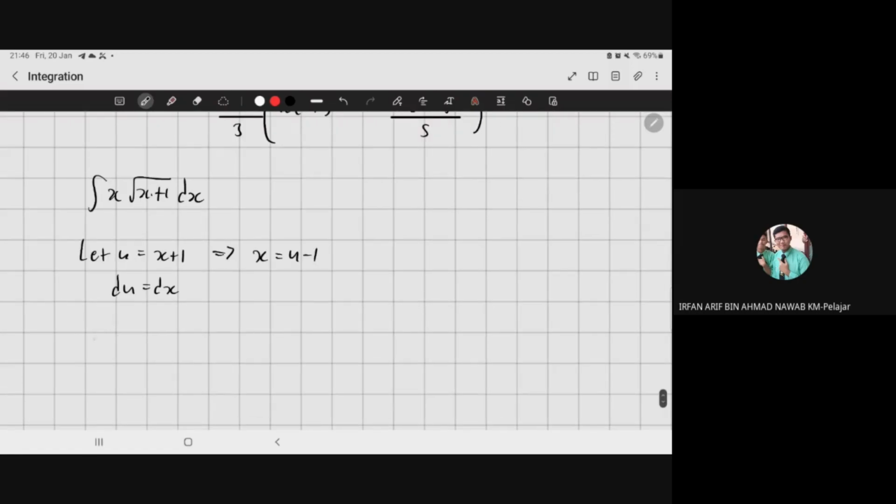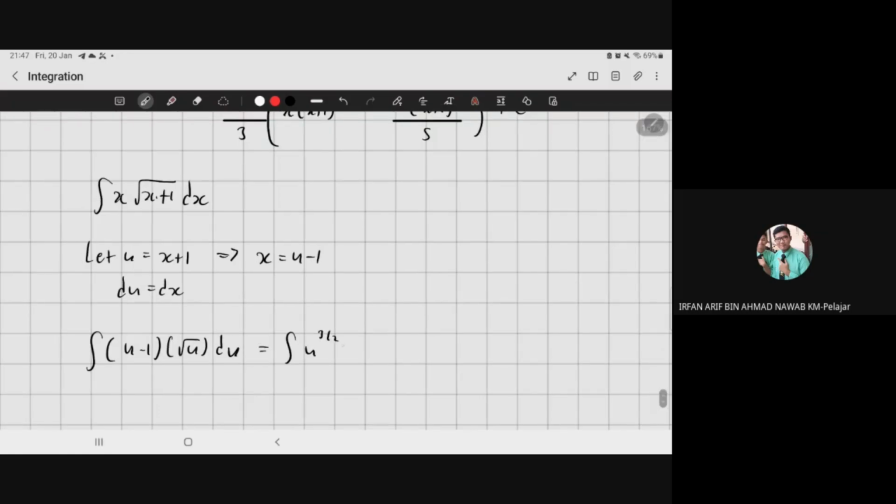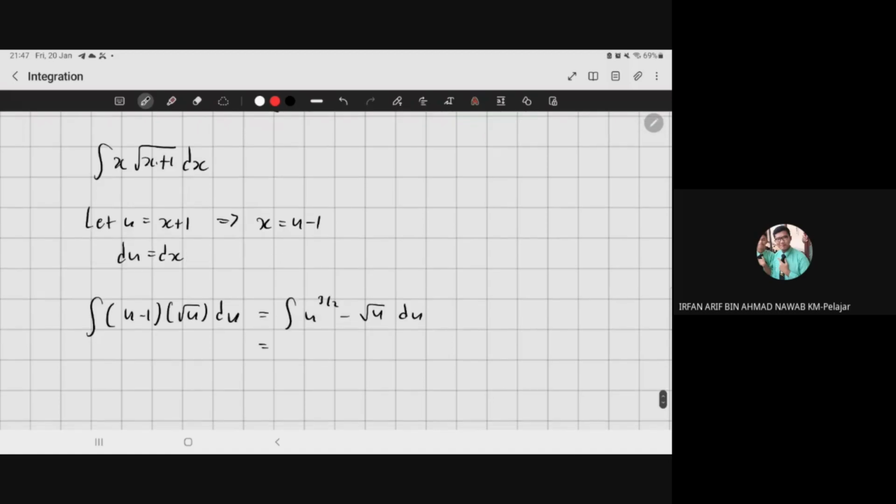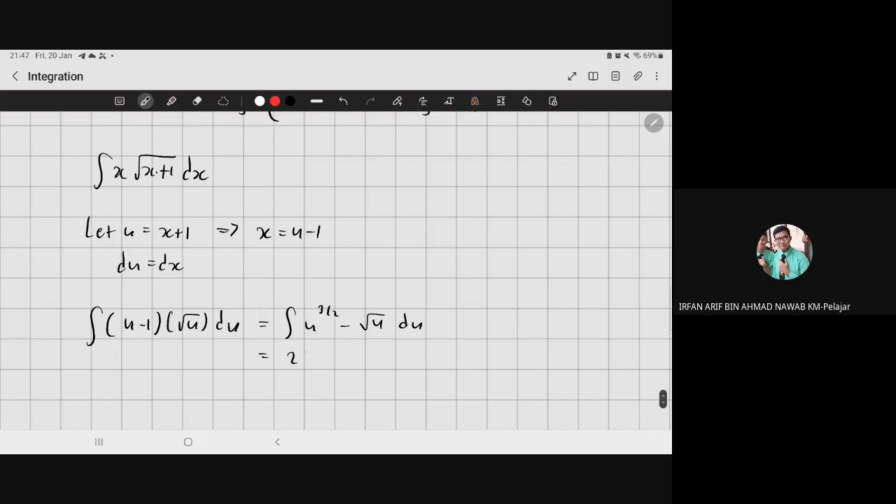Then go back to your integral and just substitute everything as usual. From here, you will get the integral of u to the power of 3 over 2 minus square root of u du, and just integrate as usual. So you will get 2 u to the power 5 over 2 over 5 minus 2 u to the power of 3 over 2 over 3 plus c.